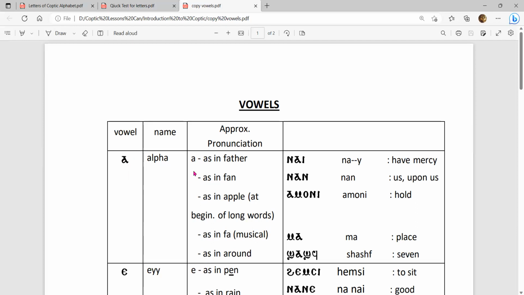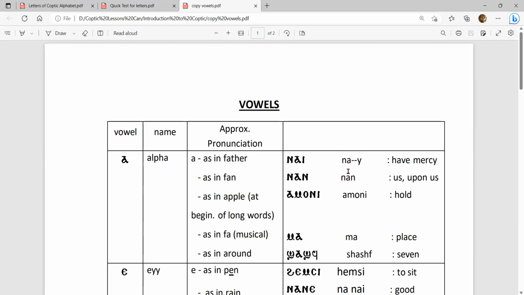The first pronunciation is a sort of long one, like in father. I have chosen a word that we hear in the liturgy, the word nai. Nai is a nay, N, alpha, iota. We shall come to the pronunciation of the iota later on.